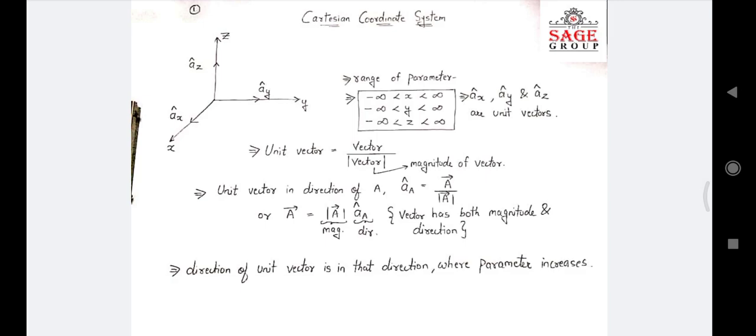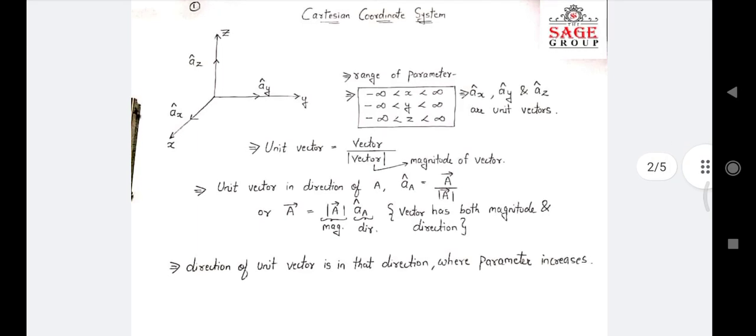Now in the Cartesian coordinate system, there are basically three parameters: x, y, z. These parameters are generally the x, y and z axes. If we study their ranges, every axis starts at minus infinity and ends at infinity. So there is no limitation on the numbers on the axis.